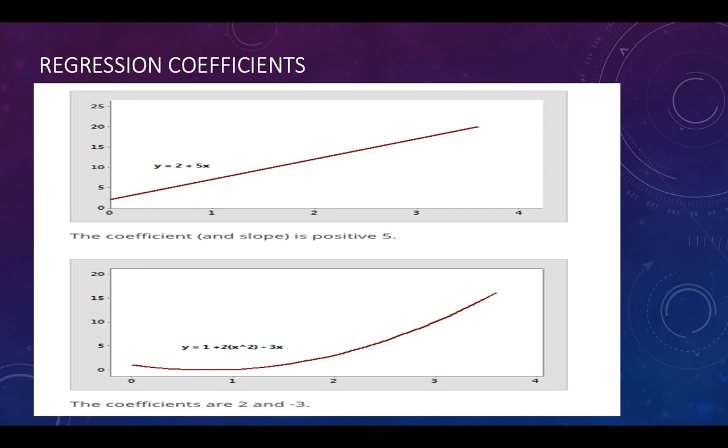But if it is a combination of positive and negative, you can see in the second example I took y equal to 1 plus 2x square minus 3x. In that case, the 2 is the positive coefficient, but the minus 3 is the negative coefficient. So the graph comes like this.